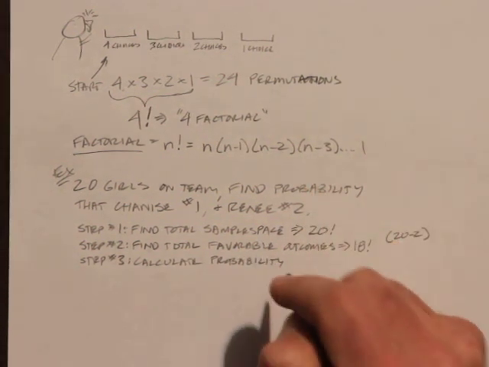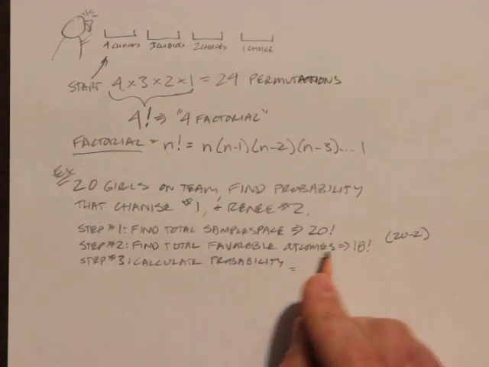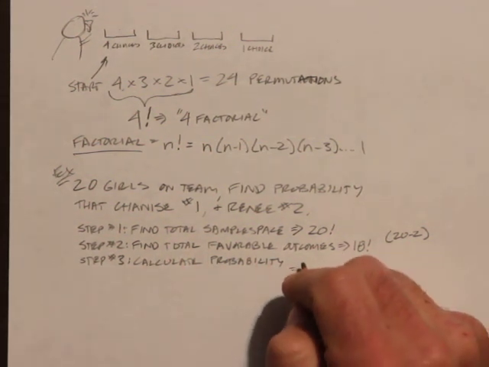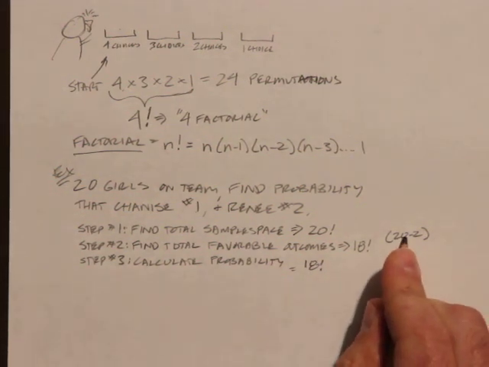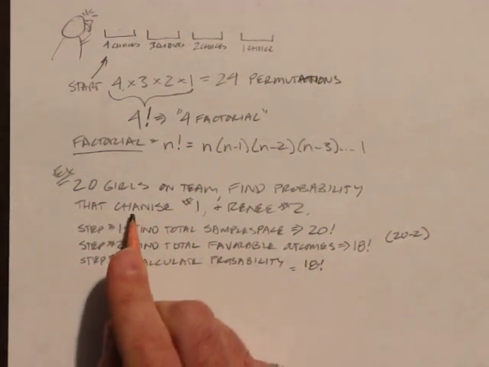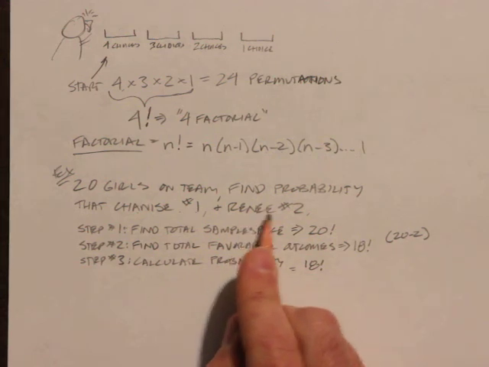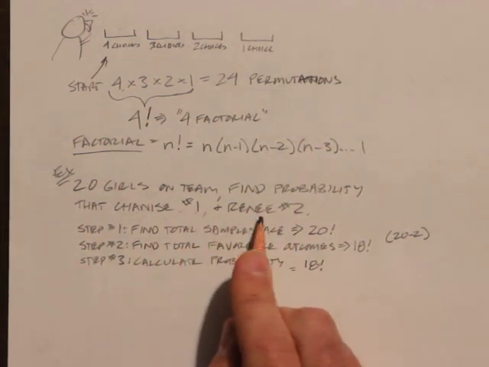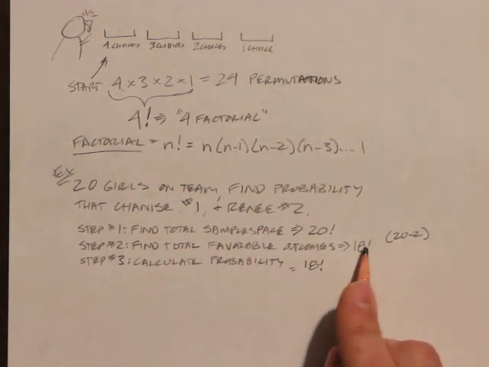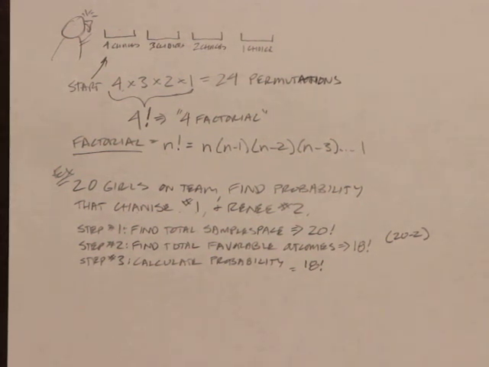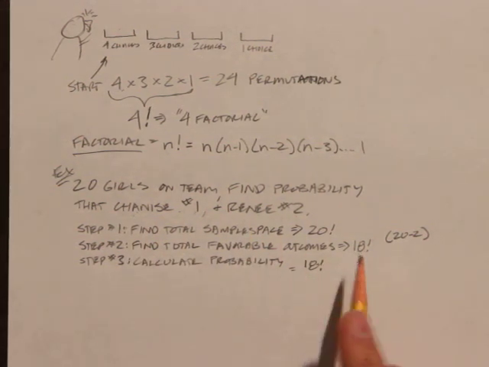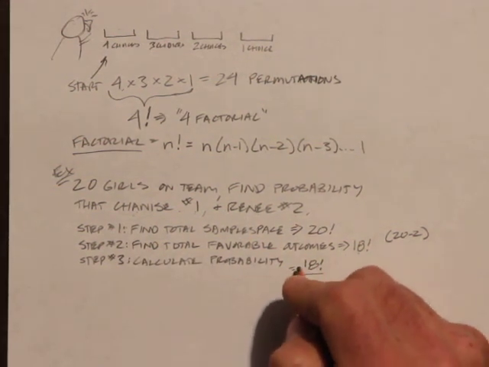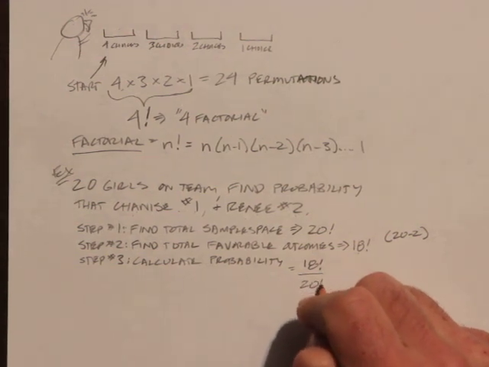So we put the favorable outcomes, 18 factorial. We've placed Shanice in number 1, Renee in number 2, and so there's 18 left to place wherever. Who cares where all the other girls get their numbers? We're just concerned about Shanice and Renee. So there's the 18 over 20 factorial.